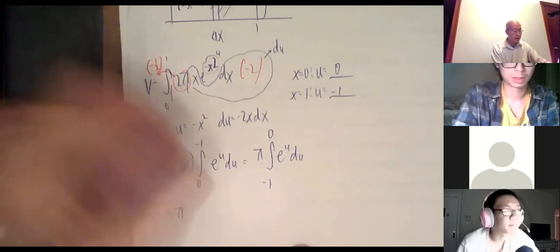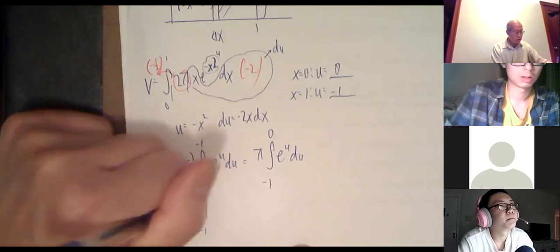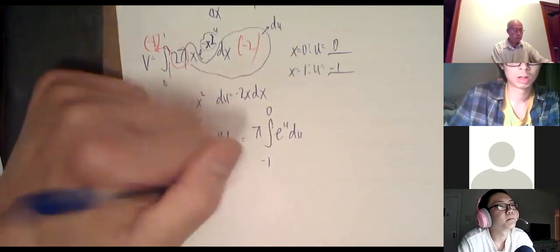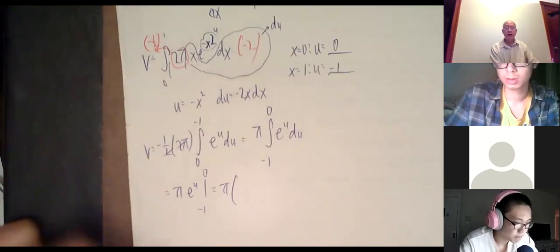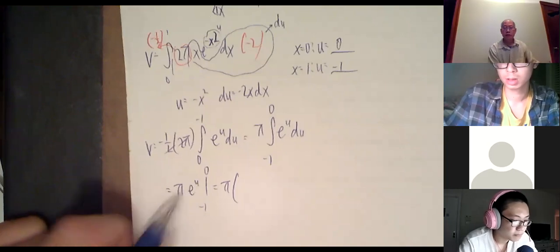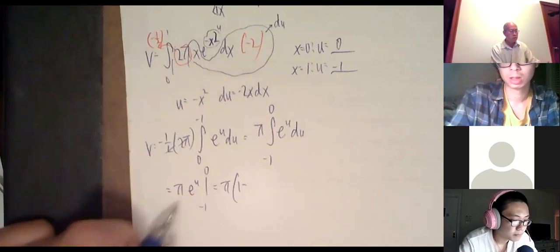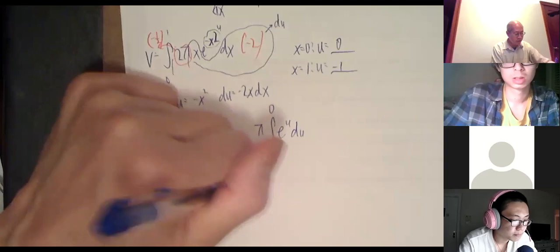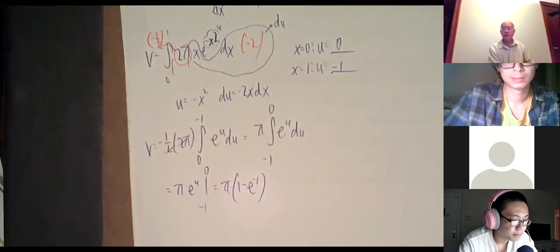So that's pi times the integral of e to the u, which is e to the u, from -1 to 0. Plug in 0, you get e to the 0, that's 1. Plug in -1, you have e to the -1. And you can just leave it like that.